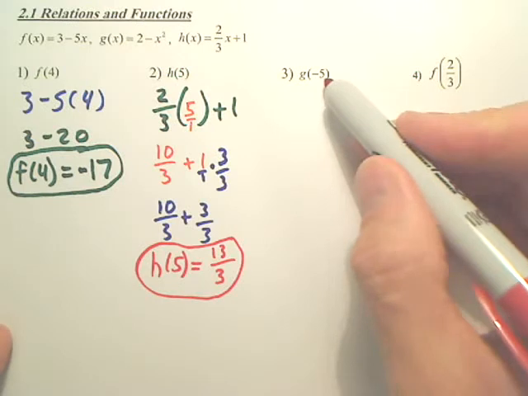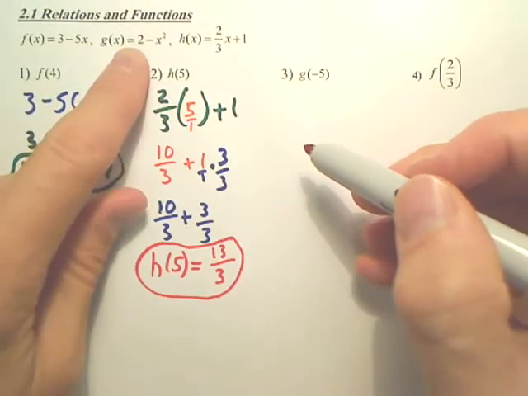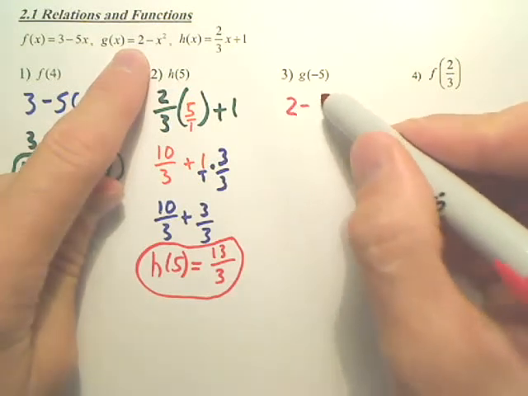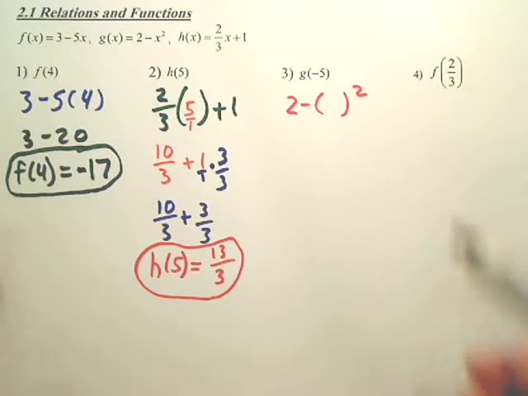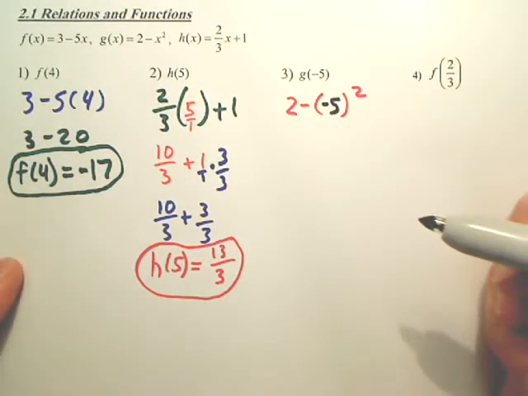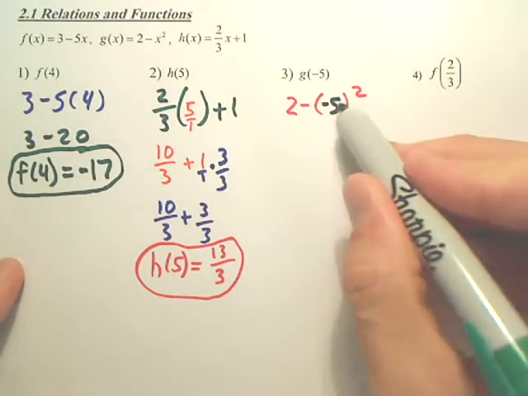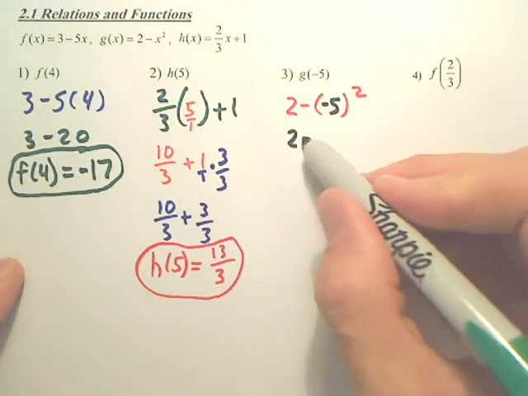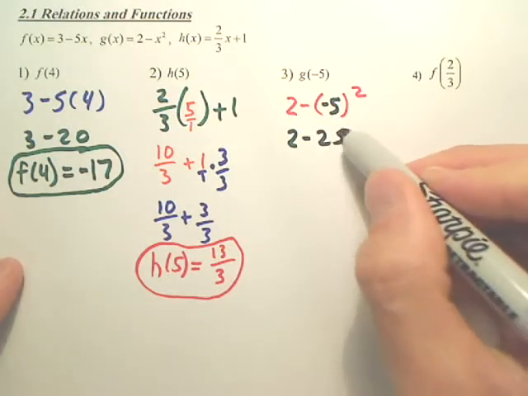All right. G of negative 5. Which equation are we using? G. And what are we plugging into G? Negative 5. Okay? Do the math. Well, that's negative 5 squared, so that's 2 minus, what's negative 5 times negative 5? 25.